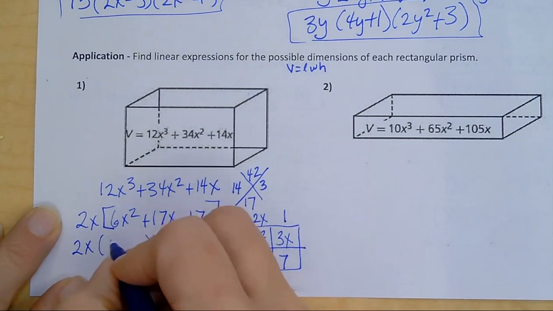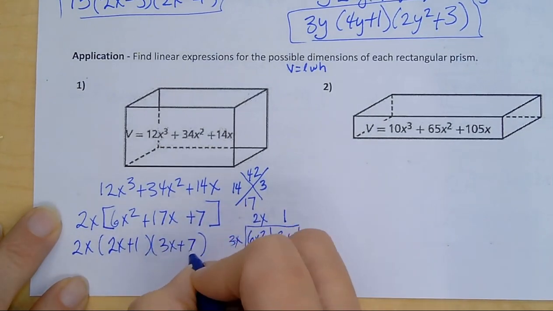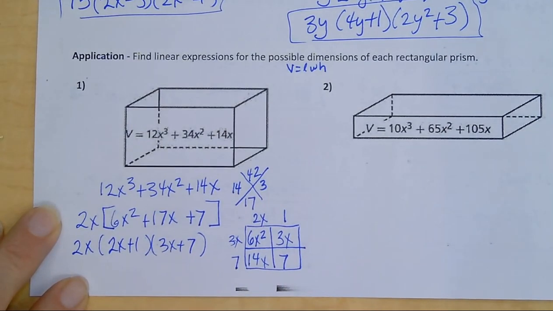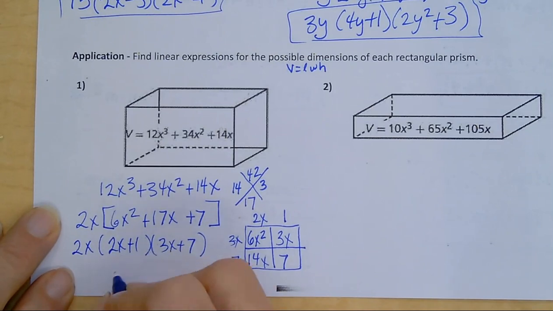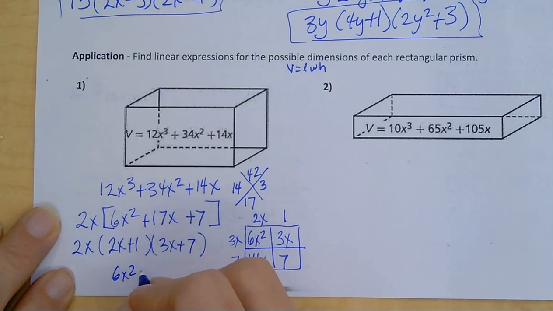My binomials should be 2x plus 1 and 3x plus 7. I do want to check this. I multiply my binomials first: 2x times 3x is 6x squared. Outer is 14x, inner is 3x, so that's 17x. Last is 7.